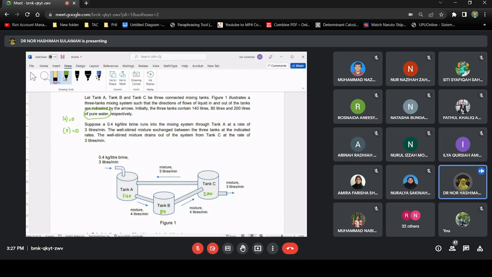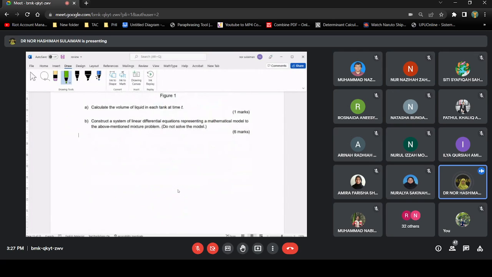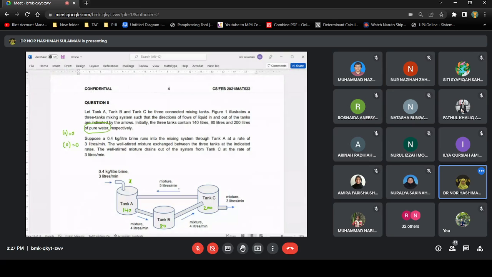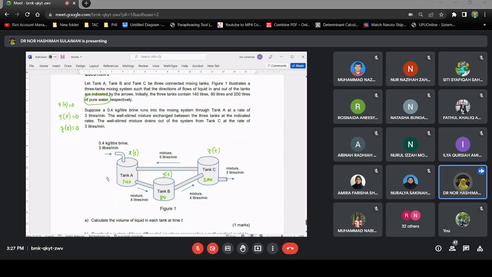So kita buat X untuk tank A. Untuk tank B, Y, Z. Macam tu. Tapi kalau nak buat XA pun boleh, tak ada masalah. Okey je. X, Y, Z. Itu maksudnya kalau pure water. Macam tu. Initial condition.